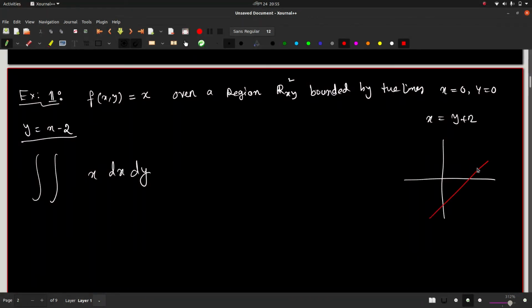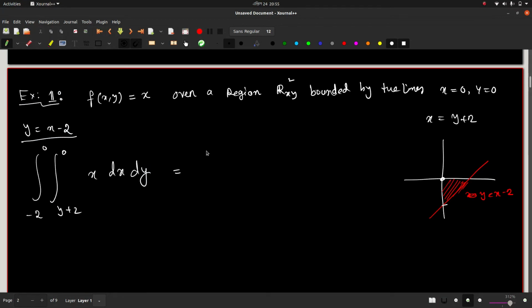Okay, so from here you can see that our lower limit, where this red line is given by y equals x minus 2, and from this graph over here, you can see that the lower limit would be y plus 2 and the upper limit would be 0, and then you integrate with respect to y. So what is the lowest limit of y? It's minus 2 over here, and the upper limit is 0. So minus 2 to 0.